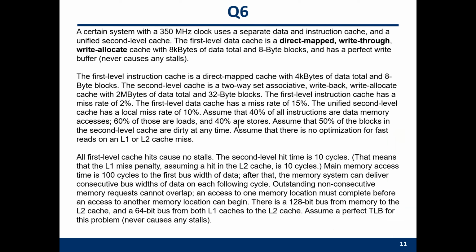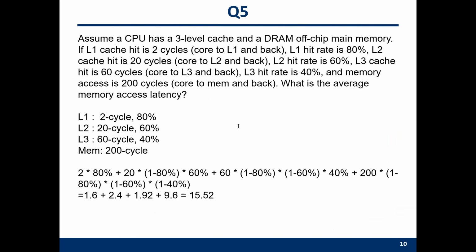So I included this one in this review, but we will not include this one in the final examination. But a question like Q5, a similar question to Q5, will be included in the final examination.